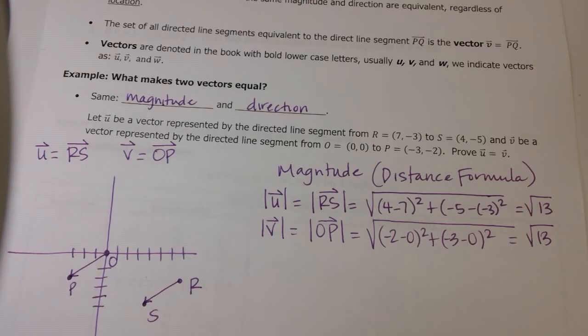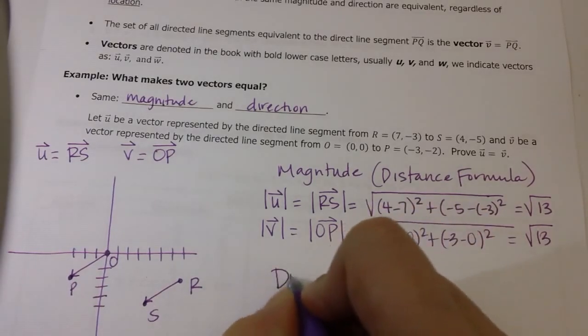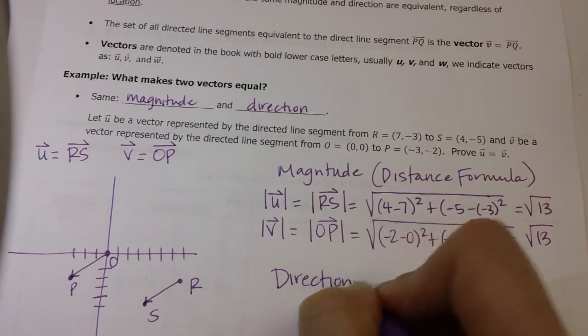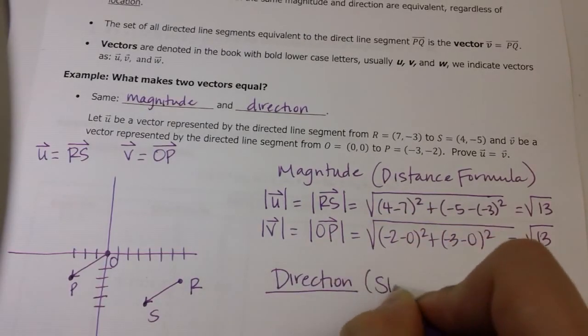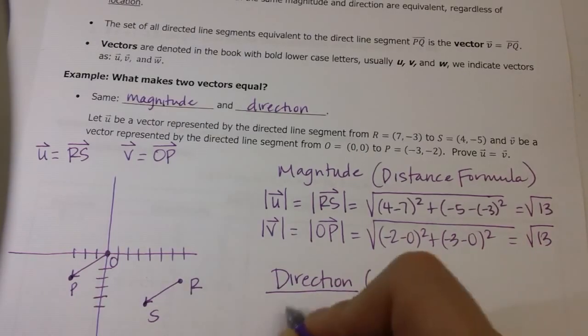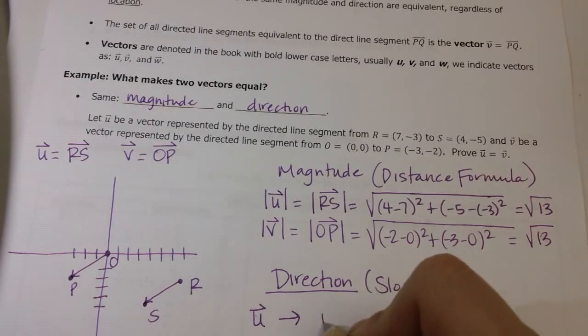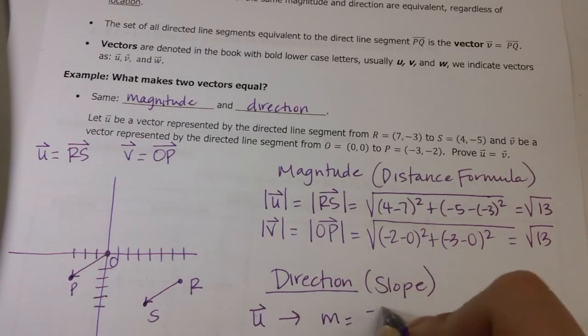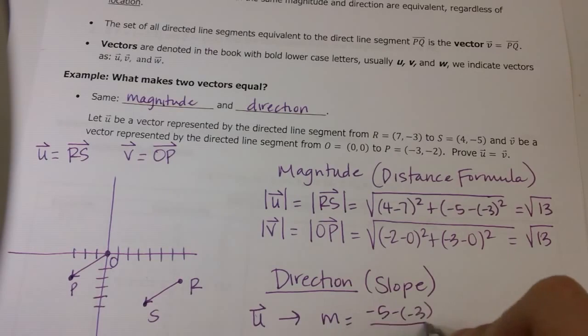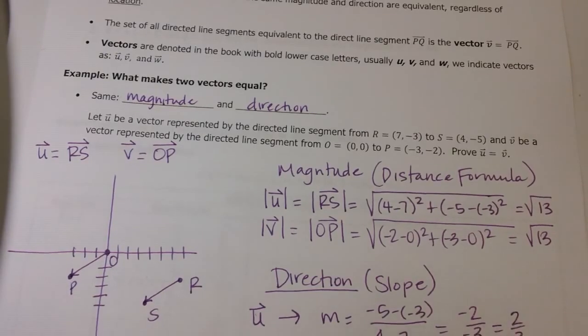The second part is that we need to prove they're going in the same direction. To do that we're going to look at their slope. The slope of vector u is (-5 minus -3) over (4 minus 7), which gives us -2 over -3, which is 2/3.